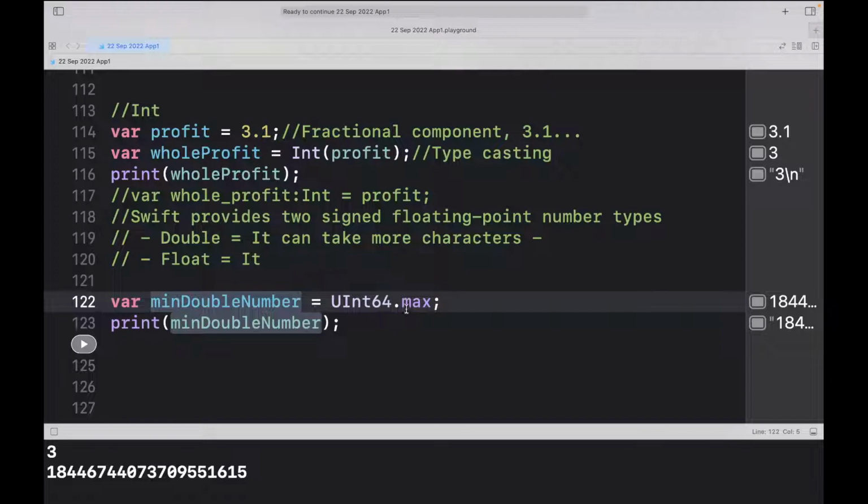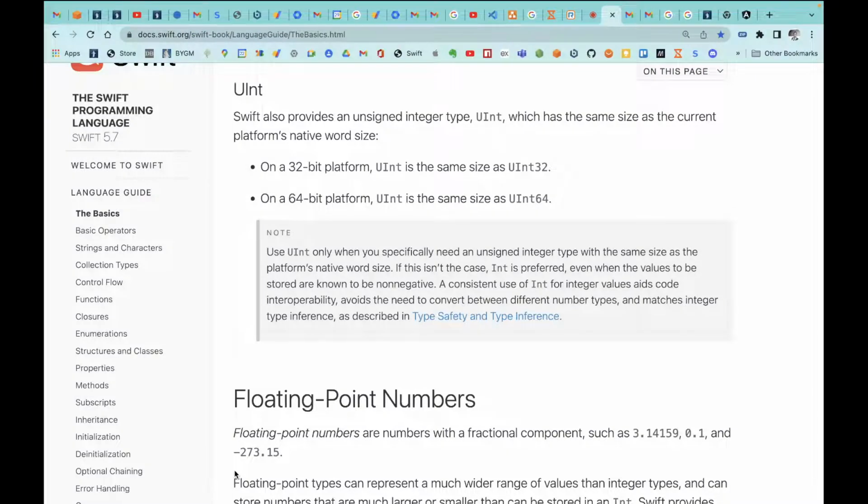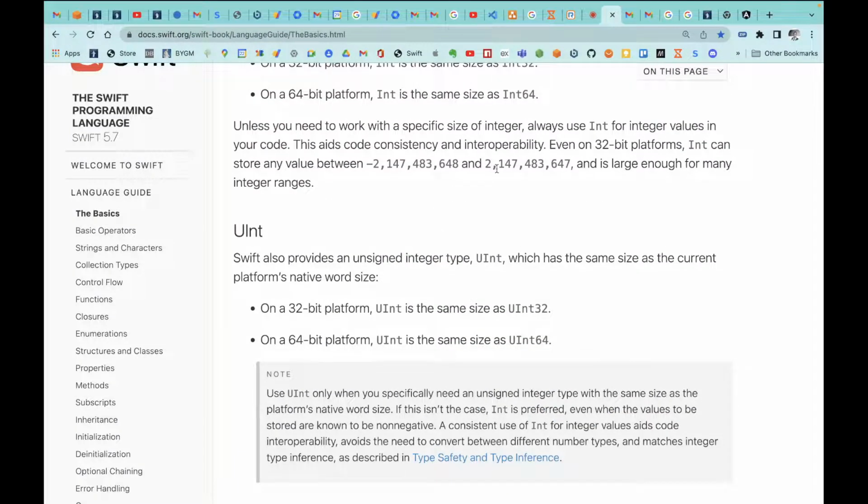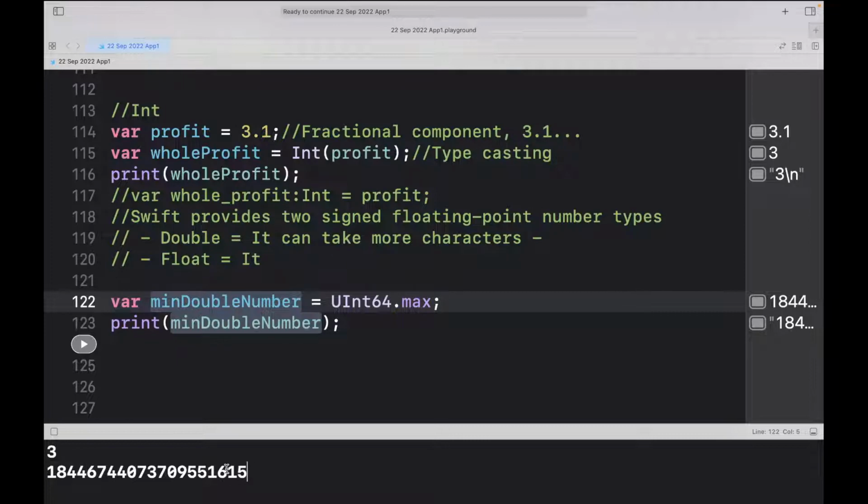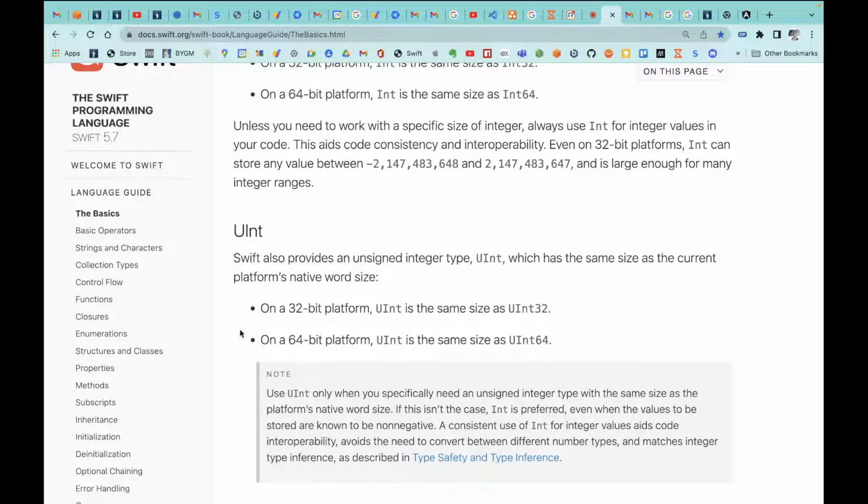Okay, so the maximum number that it can take is these many digits. I think we saw this. It doesn't begin with a 2, doesn't end with a 5, but it's many. Already, I think we're very close to our millions. Probably that's a billion, probably there's a trillion. I don't know, but it keeps on taking a lot of numbers.